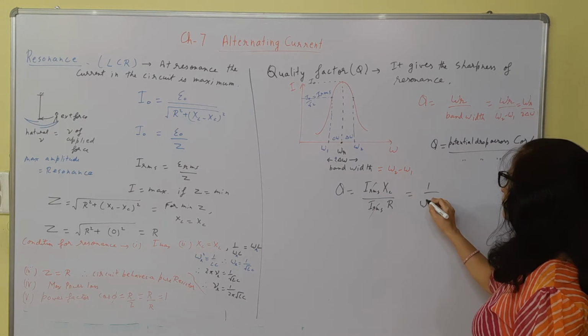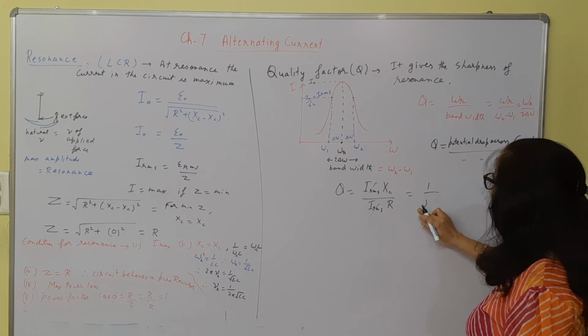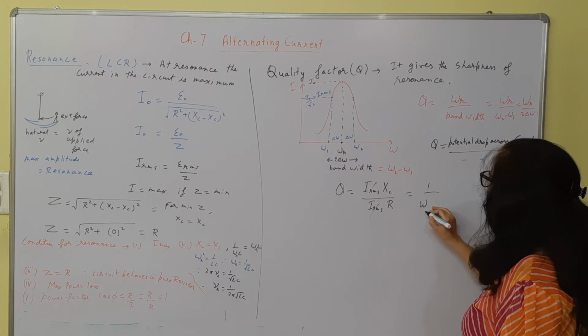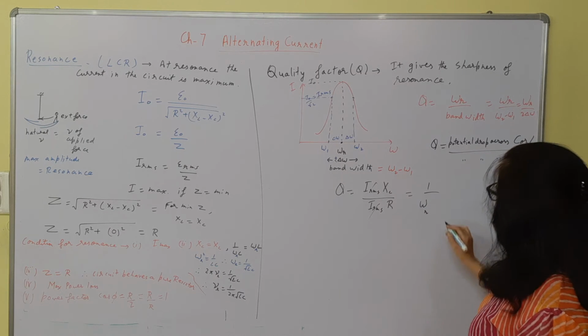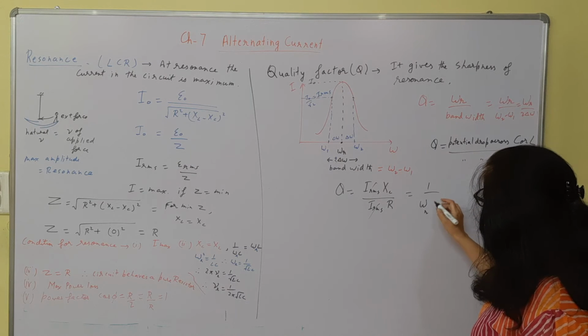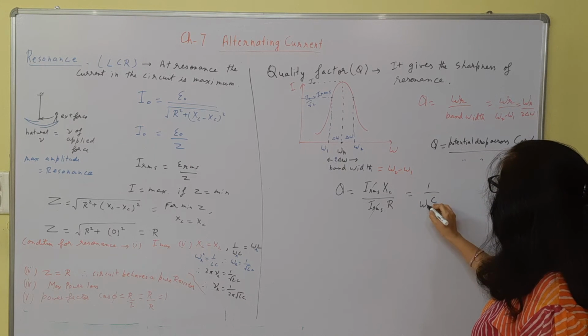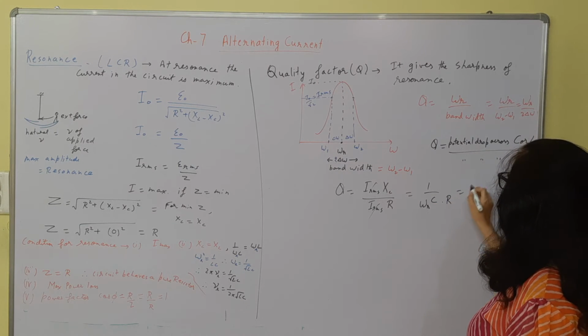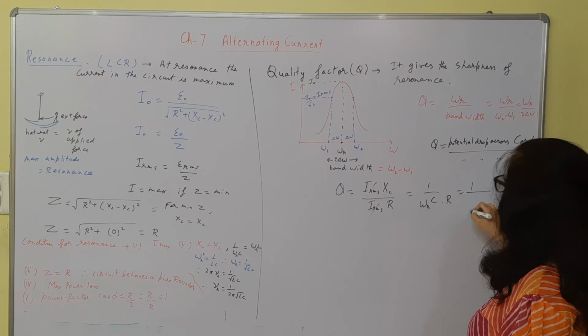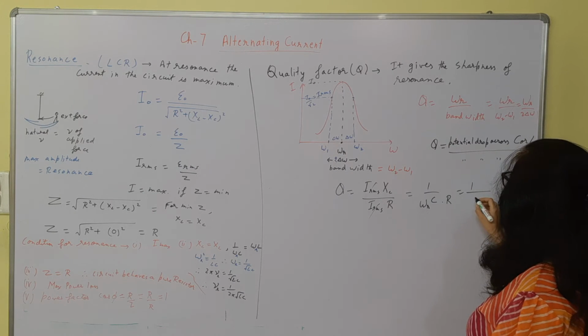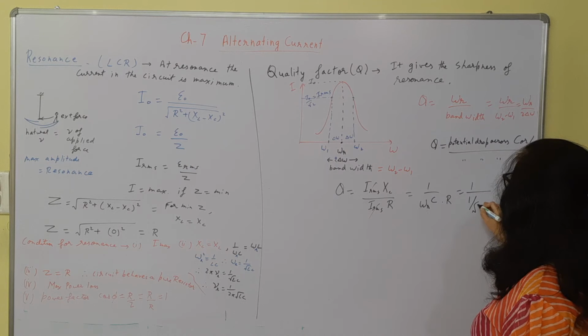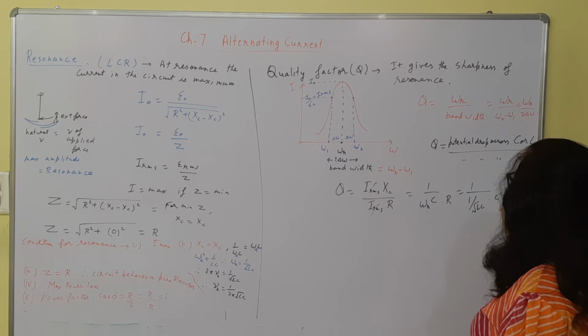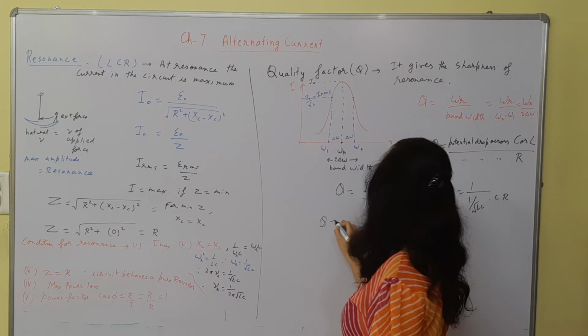This is 1 by omega R C into R, and omega R is 1 by under root LC. So this can be written as 1 upon under root of LC into CR.